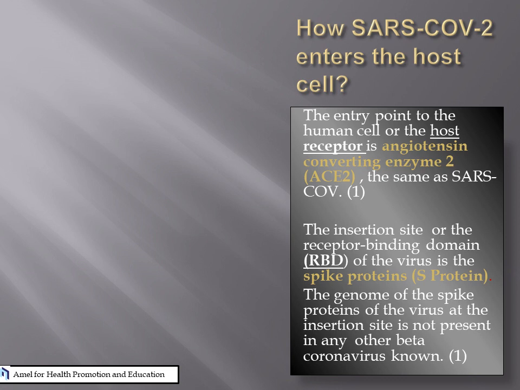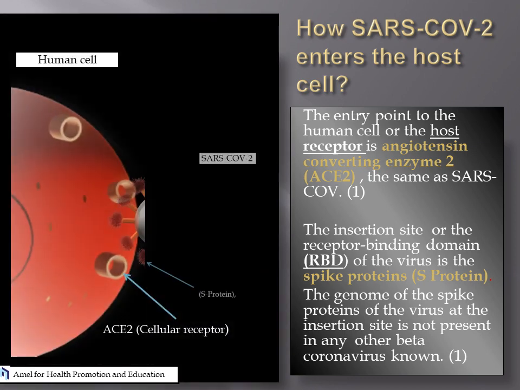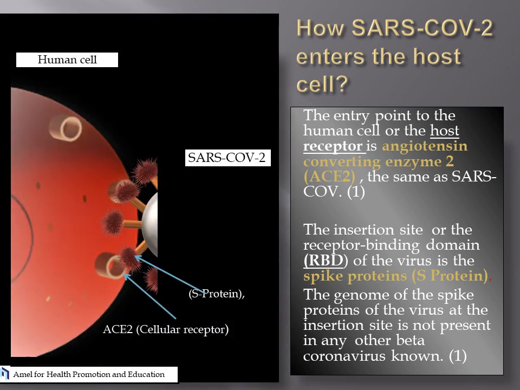In the case of SARS-CoV-2, it has been found that the cellular receptor is the Angiotensin-Converting Enzyme 2, which is an enzyme that is present on the cellular membrane of some types of cells in our body.